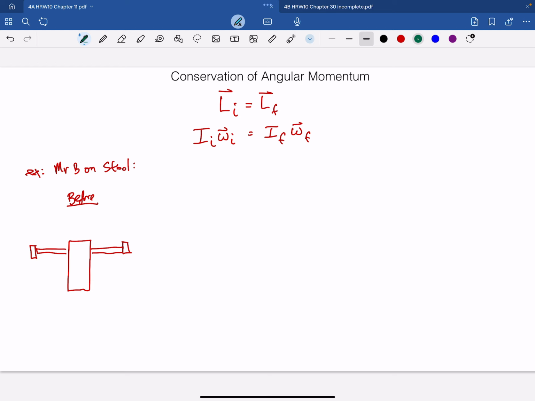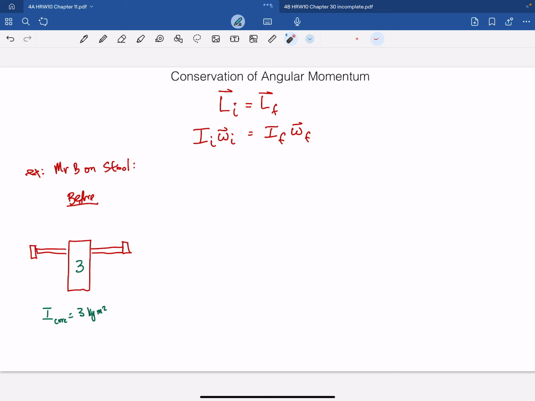Let's say that Mr. Balogh's core, the moment of inertia of the core, is 3 kilogram meter squared. Again, it's just a given in the problem. What we have to determine is what to do about the arms and what to do about the point masses here at the end.